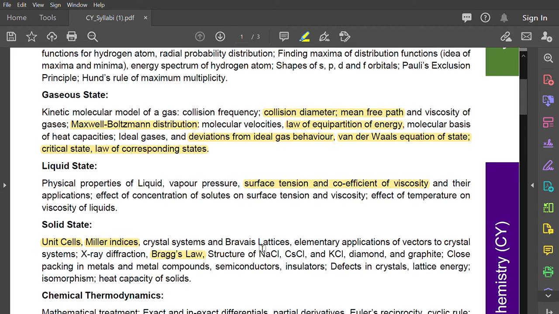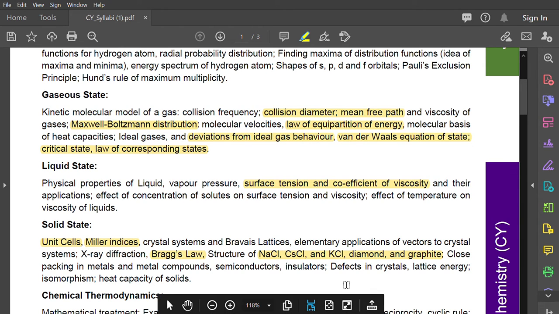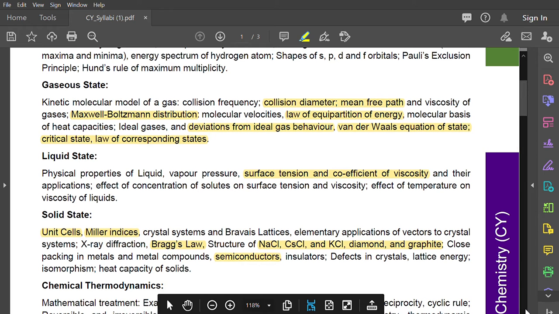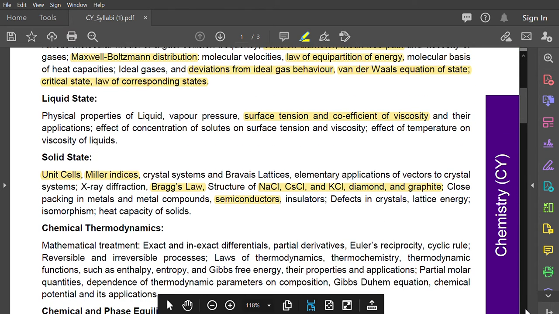Structure of NaCl, how many Na and Cl are present in one unit cell, or how many carbon atoms are present in graphite. And what types of semiconductors we see, that is n-type, p-type, or intrinsic semiconductor, extrinsic semiconductor, and which substances are these, can be asked.